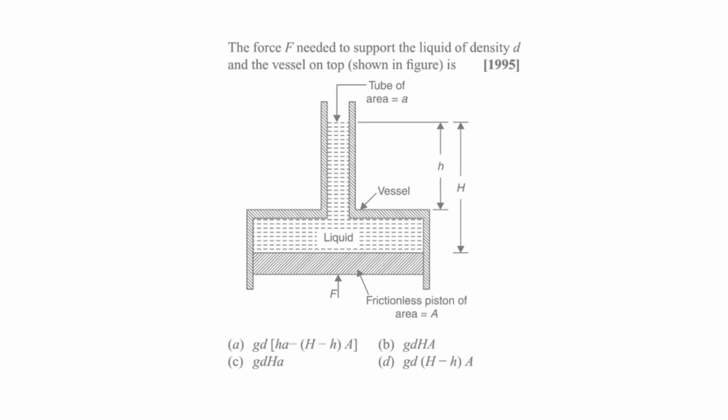Now, if you look at this question, the question is asking for the force F which is needed to support the liquid of density D. And if you look at the diagram, the force F is acting at the bottom frictionless piston of area capital A, right?